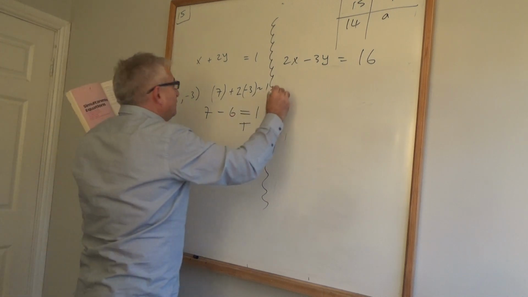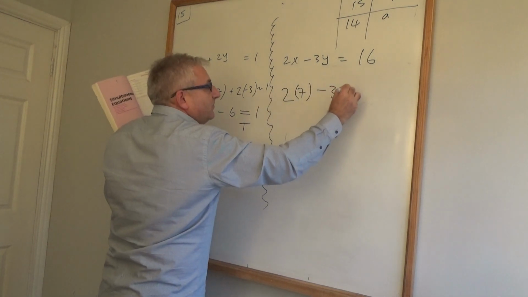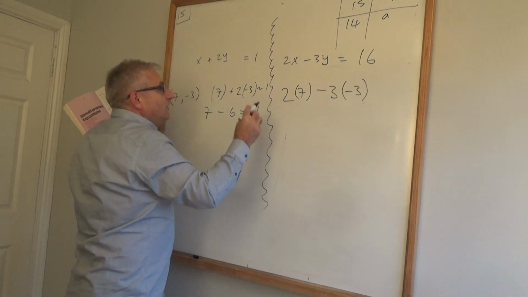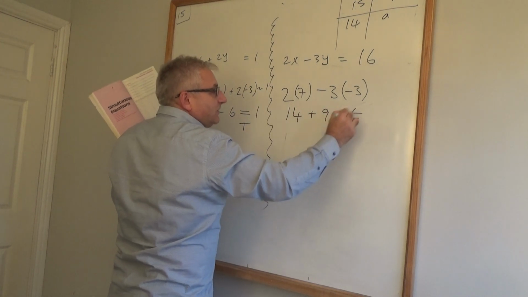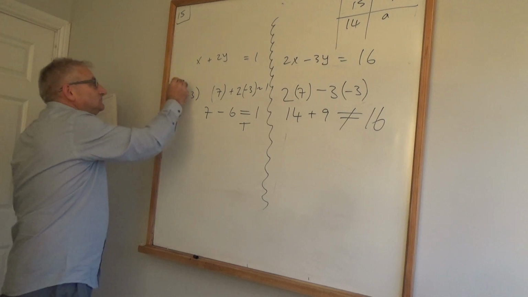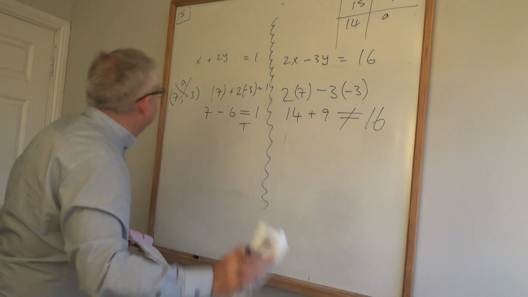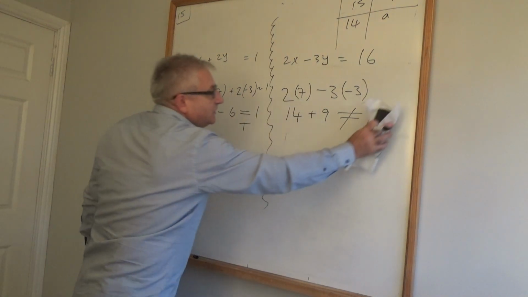And we go here and go 2 times the substitution of 7 minus 3 times the substitution of negative 3. Doesn't look good, or does it? 14 plus 9 is not 16. And it ain't A.